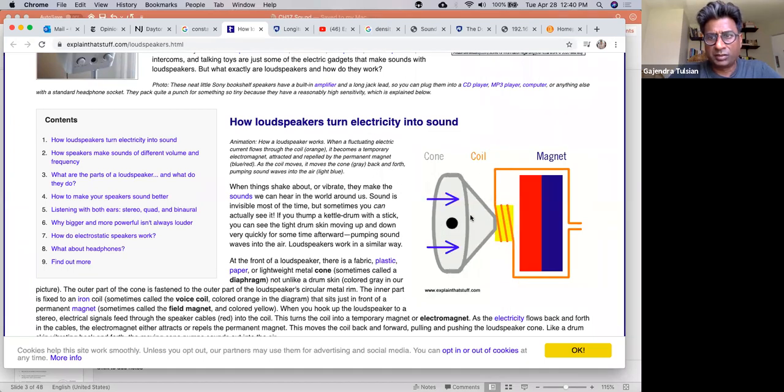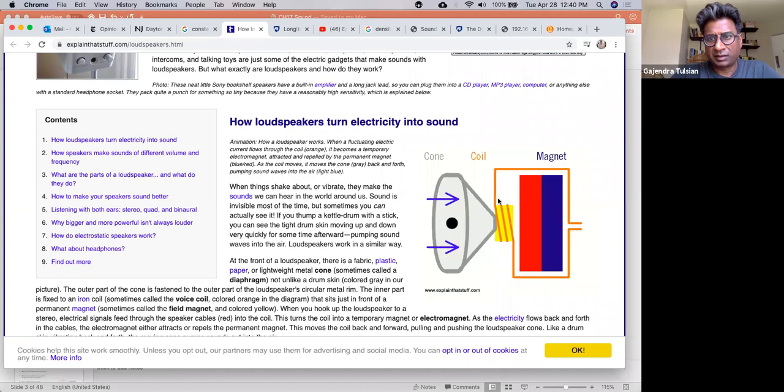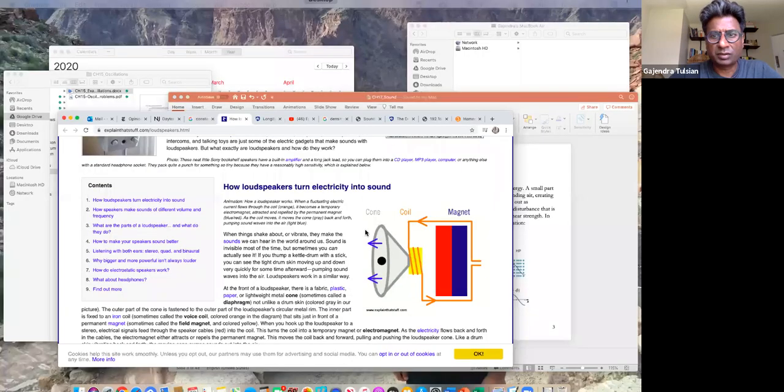This coil is attached to a diaphragm, and the diaphragm moves back and forth. To produce sound in this region, all you need is for this diaphragm to move back and forth. So what a speaker does is convert electrical signals into mechanical motion, which produces sound waves in this region. Okay, so that's how a speaker works.